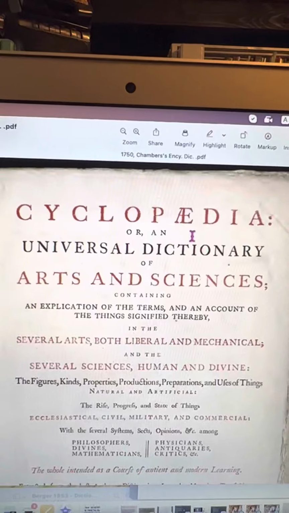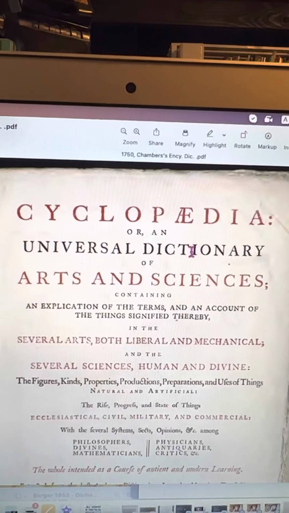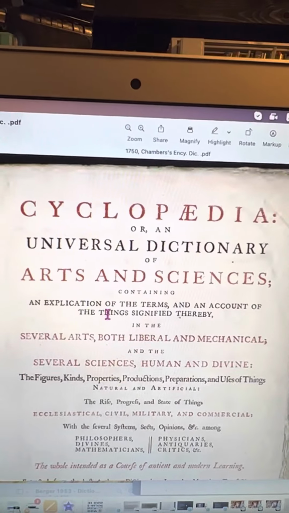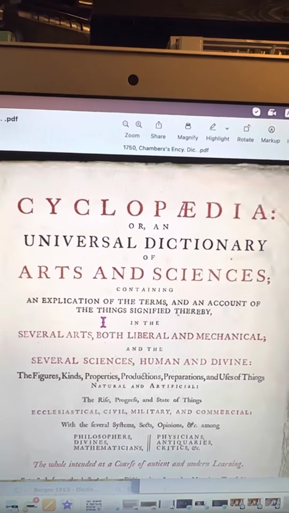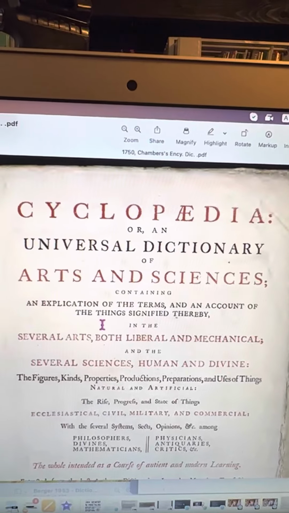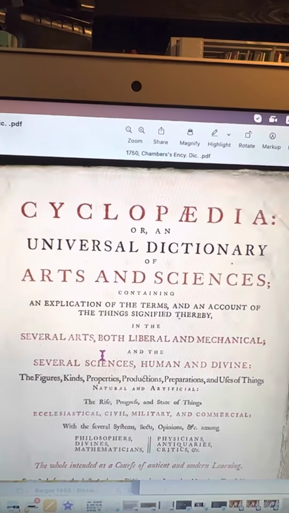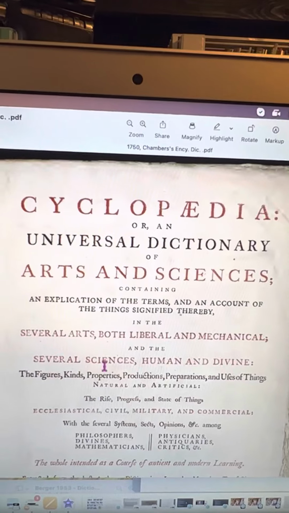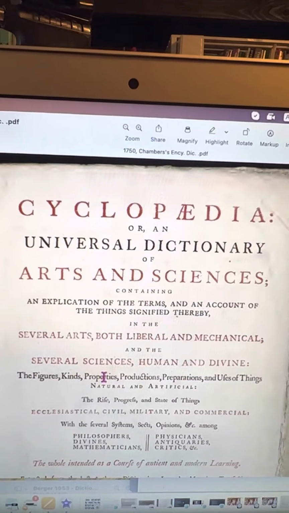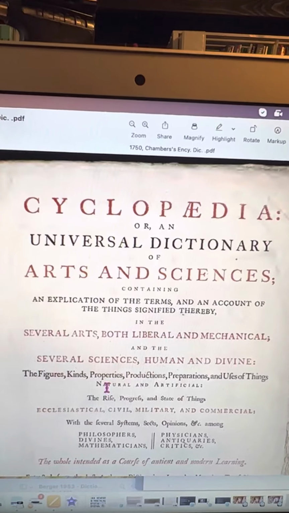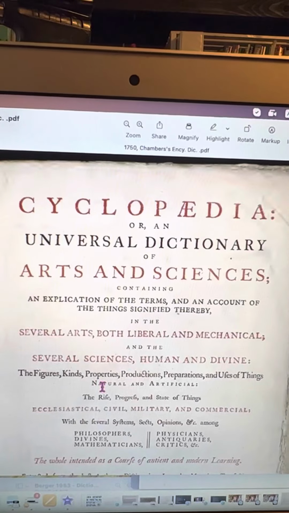Okay, Encyclopedia, or a Universal Dictionary of Arts and Sciences, containing an explication of the terms and an account of the things signified thereby in the, this is the title of a book, several arts, both liberal and mechanical, and the several sciences, human and divine, the figures, kinds, properties, productions, preparations and uses of things.